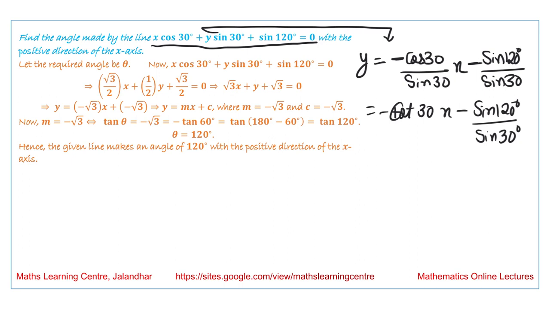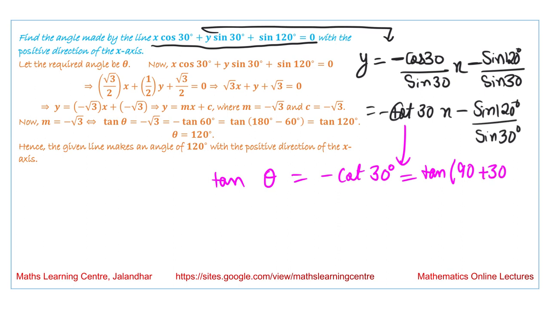So the value of slope that we obtain, the value of tan theta, is equal to minus cot 30 degree. We can write this as tan of 90 plus 30, which is in the second quadrant. So the answer will become negative, and since it is 90, this will become cot.